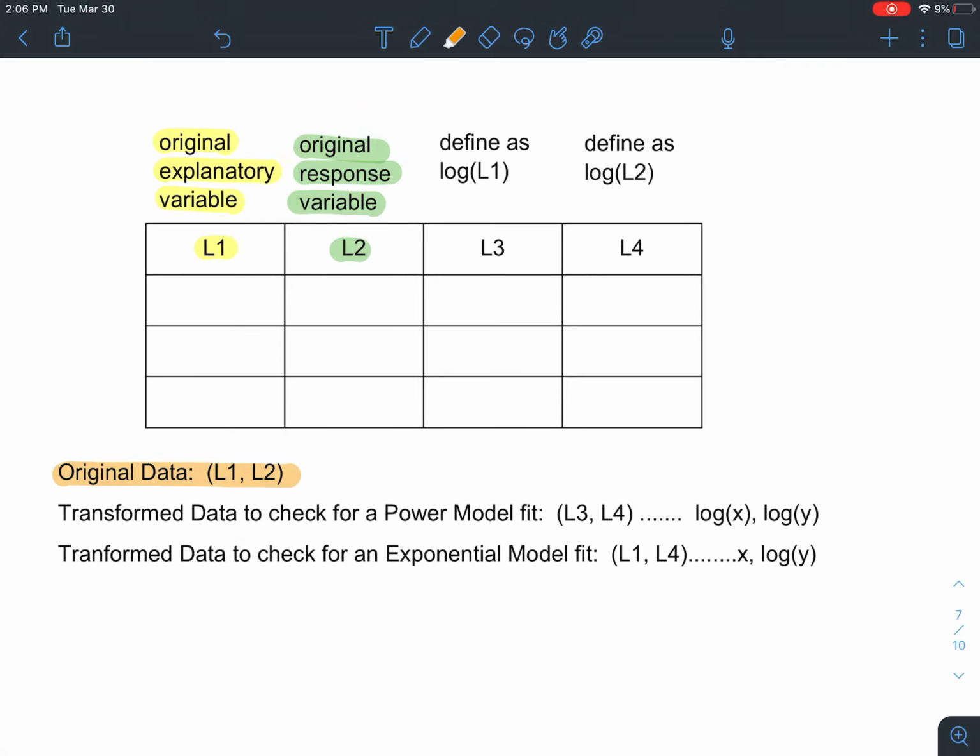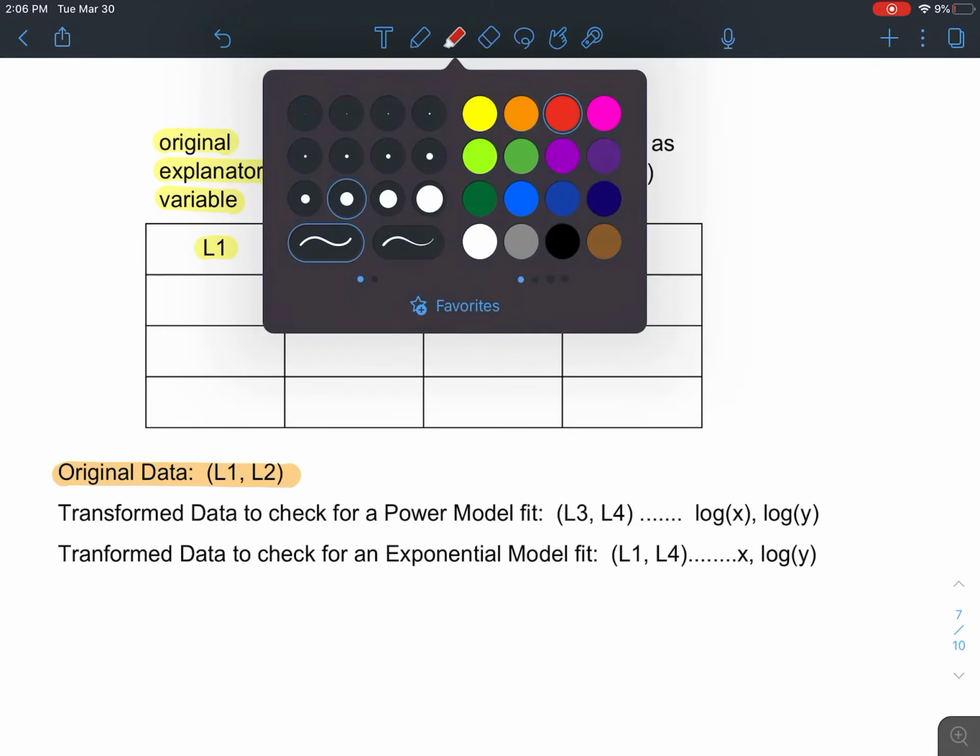It's very likely that you're going to see some type of a curve when you look at that original scatter plot, which is going to lead you to needing to do both of the transformations, the one for power and the one for exponential, and then examine those two scatter plots to see which one appears more linear. Now here's how you can do this on your calculator pretty easily.